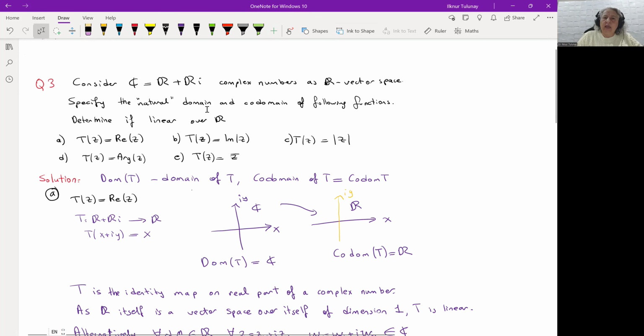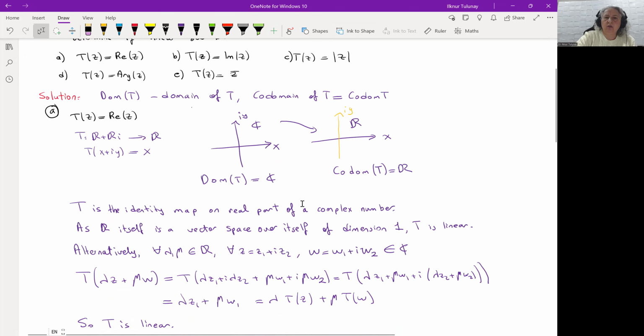We specify domains and codomains with respect to these maps. These are the maps, and we will decide their domain, their codomain, and whether they are linear or not. The first one sends every complex number to a real number.